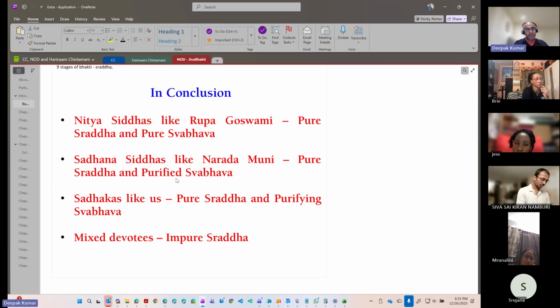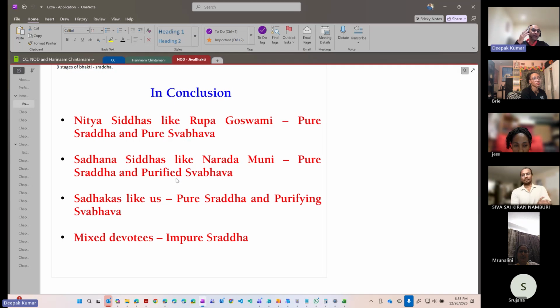Second category, Sadhana Siddha. Sadhana Siddha means they became the eternal associate of the Lord by performing the process of sadhana, Vaidhi sadhana. They were not the pure bhakta at some point of time, but then they grew into a pure bhakta. Pure bhakta means pure devotee.